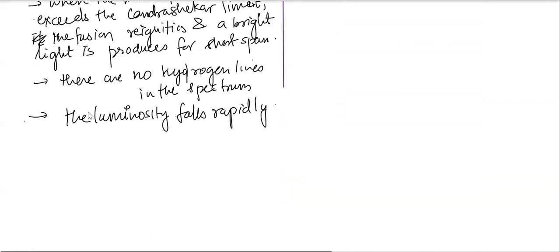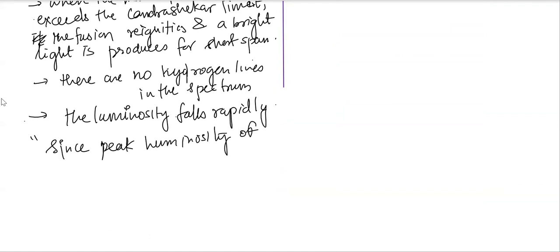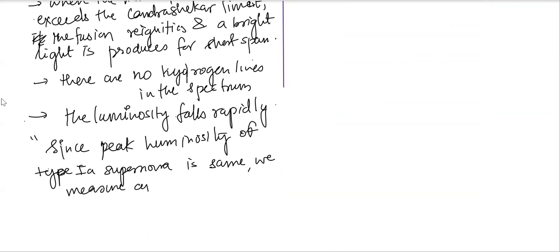Okay. And since the peak luminosity of a supernova is the same for different ones, we measure the apparent brightness and we calculate the distance D, which is given by this formula.